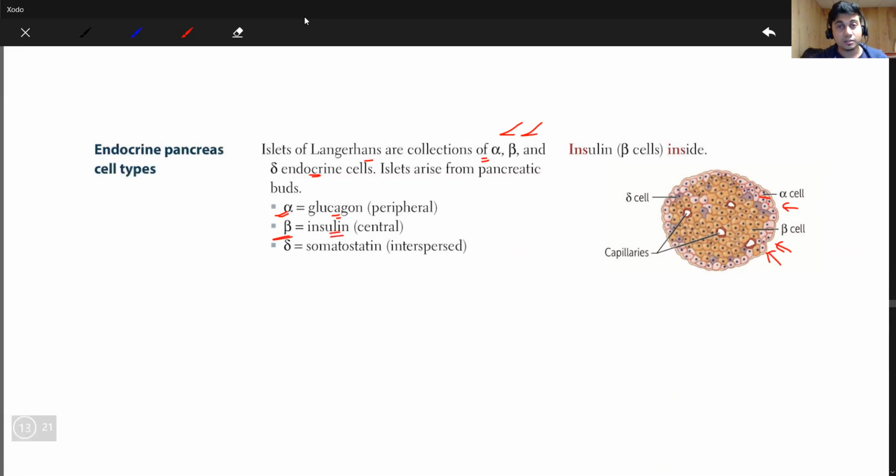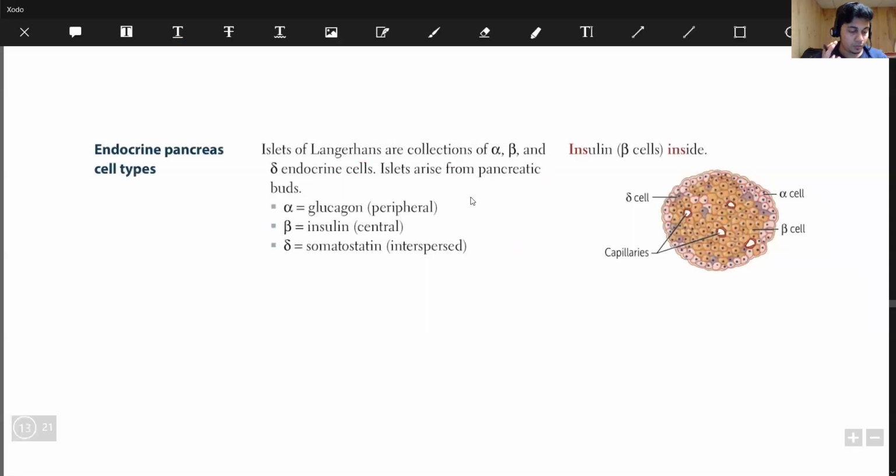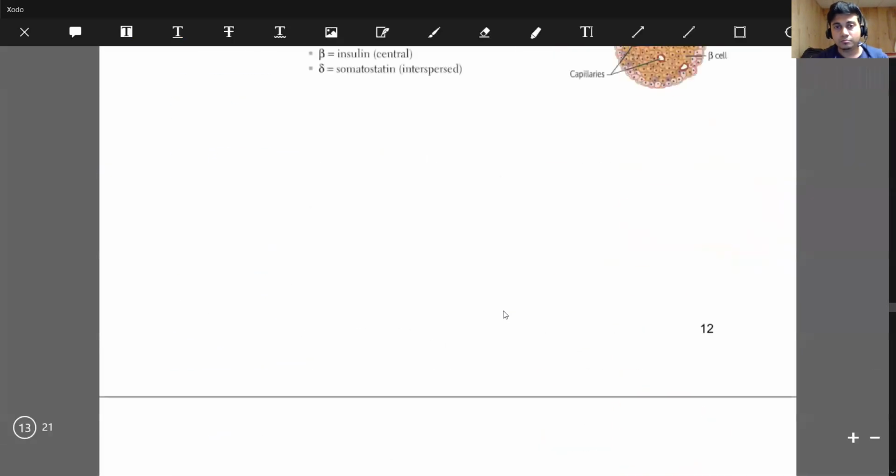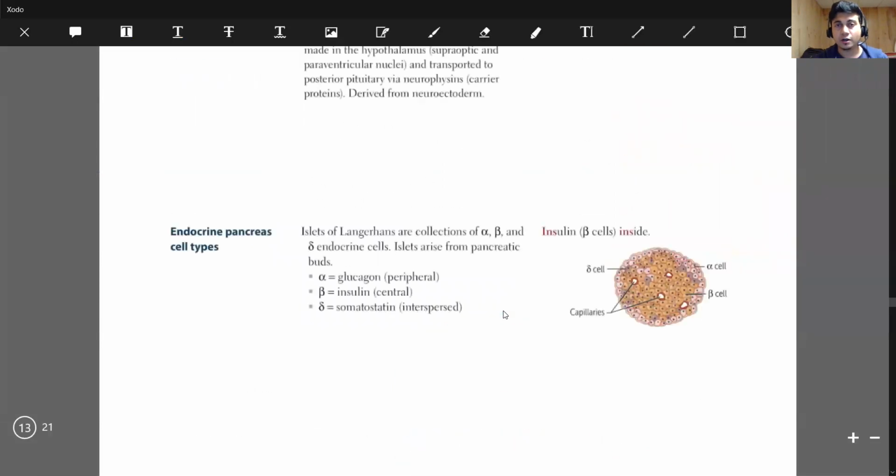The beta cells produce insulin, and most of the cells are these beta cells, and there are some interspersed cells, called the delta cells, and these produce somatostatin, which is an inhibitor of growth hormone. Now, that's the overall discussion of the embryology and the anatomy of the endocrine system.